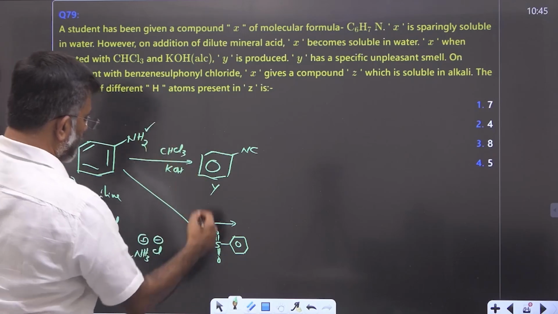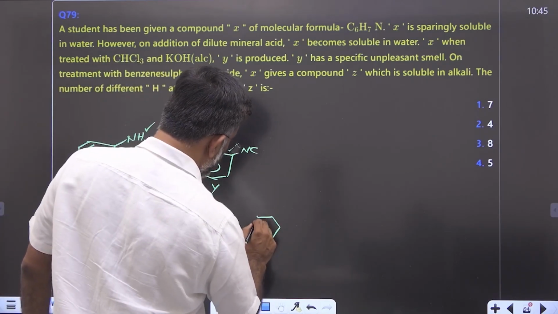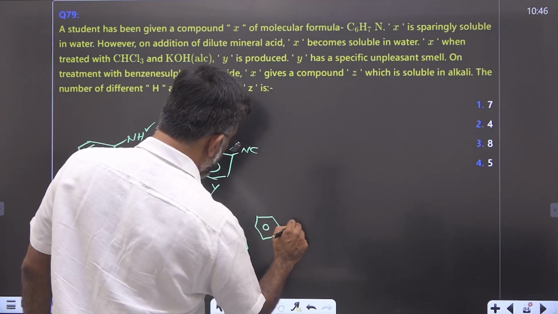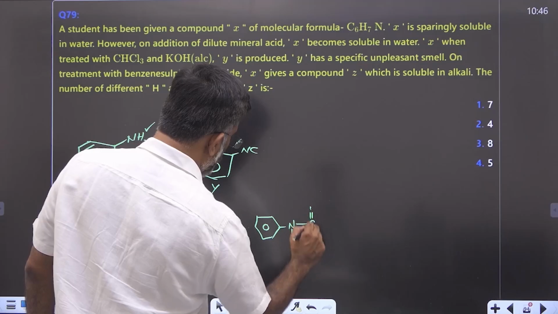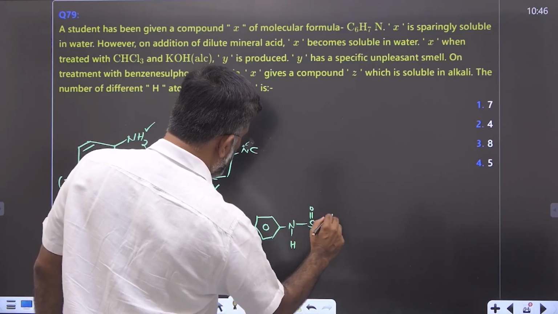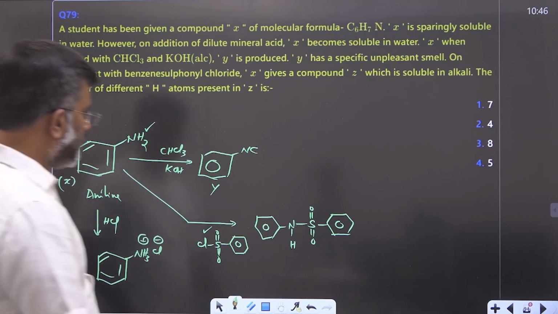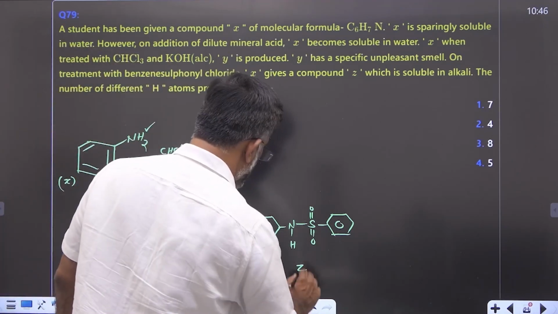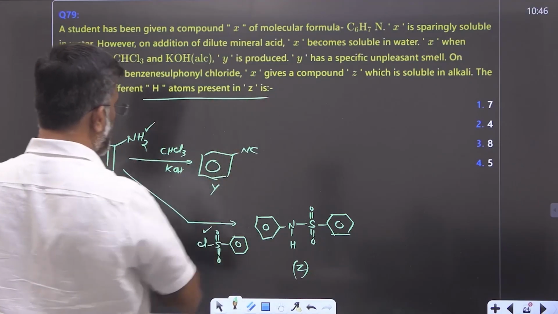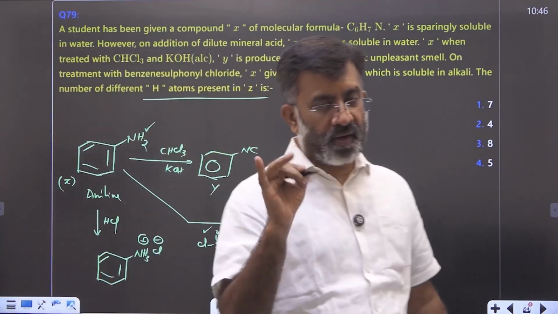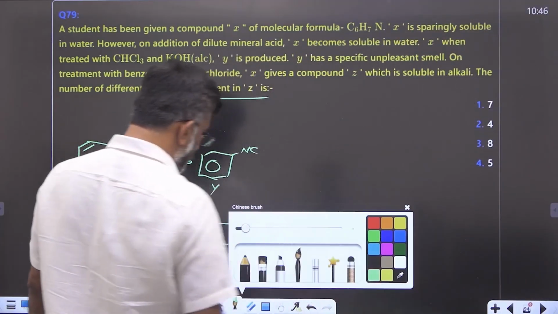Now the H and the Cl come out. The product will be benzene, NH, SO2, benzene. Okay, this is the molecule, and that's the compound Z. Now the question is the number of different hydrogen atoms in Z. Let's see the number of different hydrogen atoms.